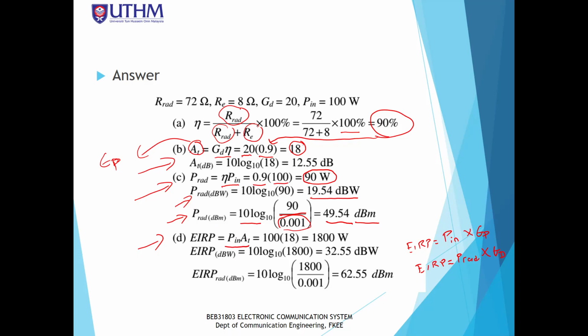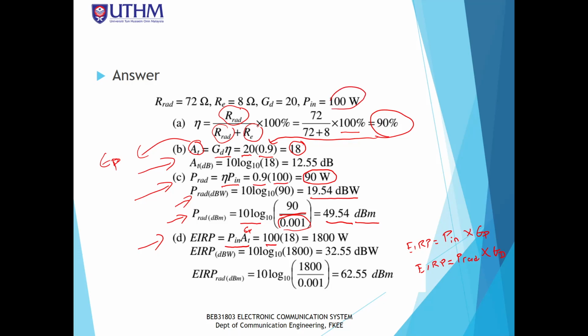So EIRP is equal to P input multiplied with power gain GP. So this is GP, don't be confused. The P input is 100 watt, given in the question.